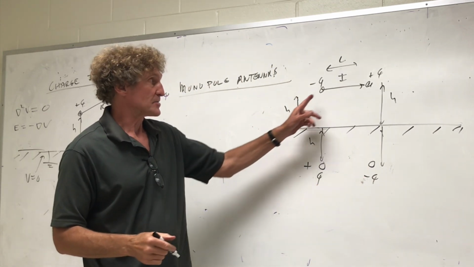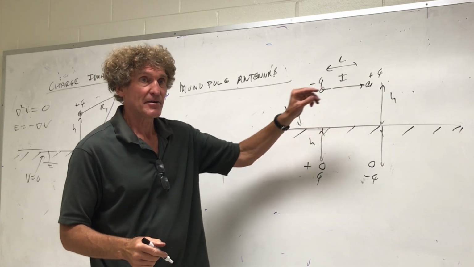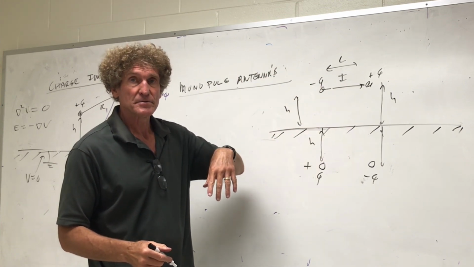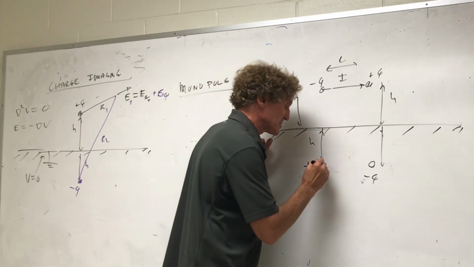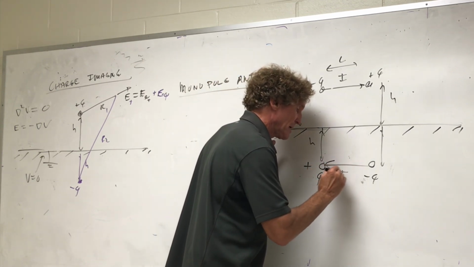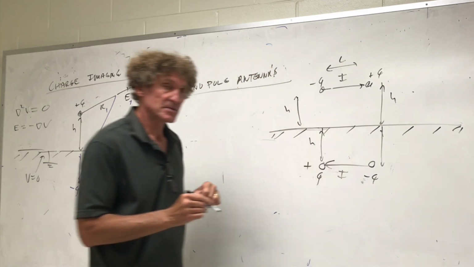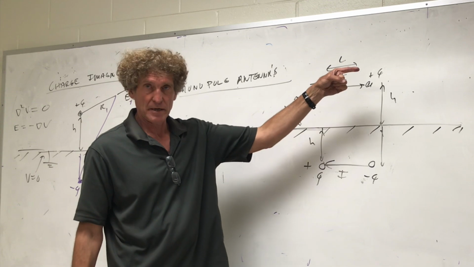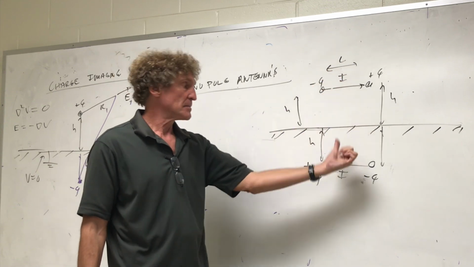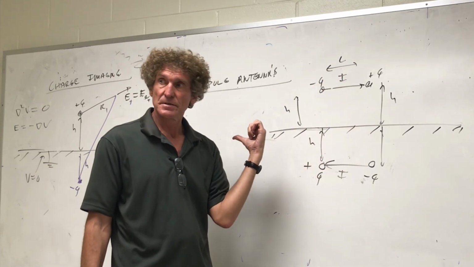Now you can do this, there's a little bit less charge here, here, here, here, here. You can go through the mental gymnastics about this, but what is actually happening here is there's a current imaged here in that direction. Can you all follow me? So currents parallel to the ground plane, a conducting ground plane, image in opposite directions.